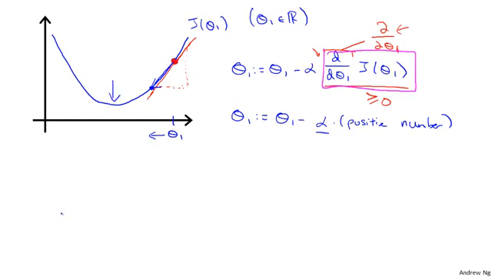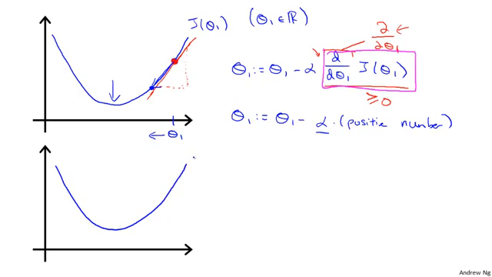Let's look at another example. Let's take my same function J and draw the same function J of theta 1. And now let's say I had instead initialized my parameter over there on the left. So theta 1 is here, at that point on the surface.